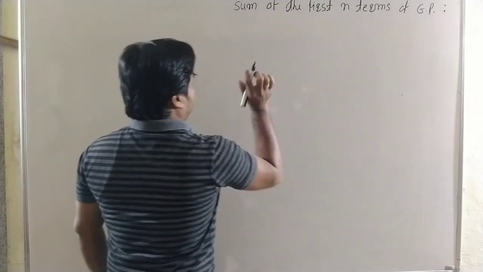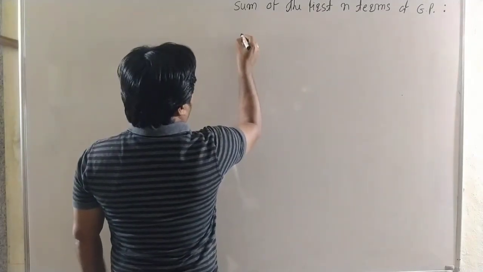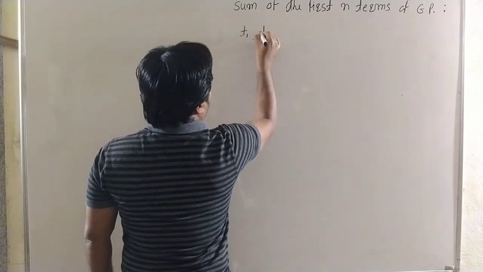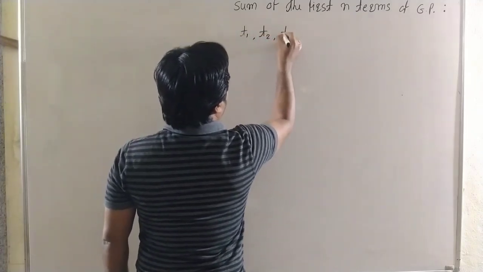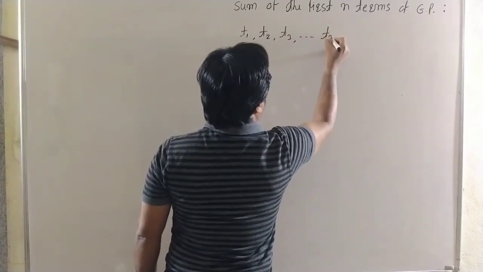Suppose the terms in a geometric progression are t1, t2, t3 up to tn, the nth term.